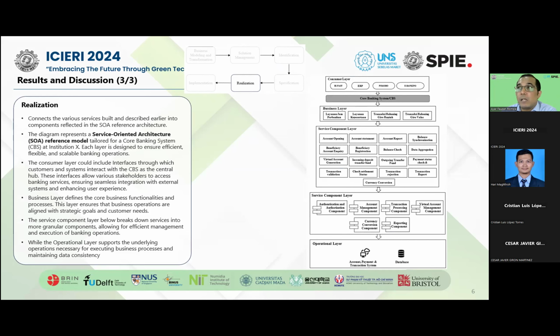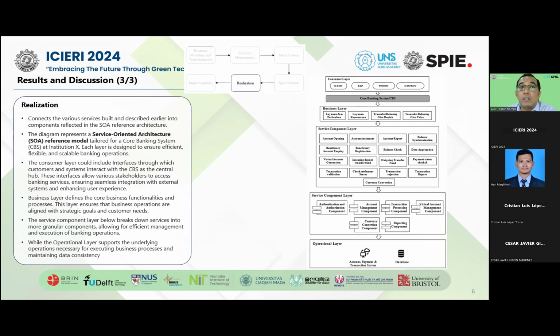The consumer layer includes interfaces that facilitate interaction between customers and the CBS. And the CBS is a central hub in this case. It ensures seamless integration with external systems, enhancing user experience and accessibility to banking systems.